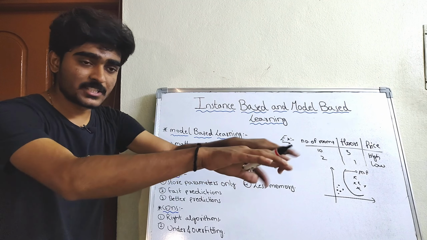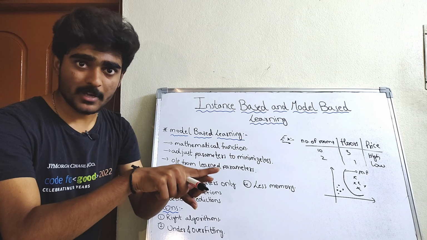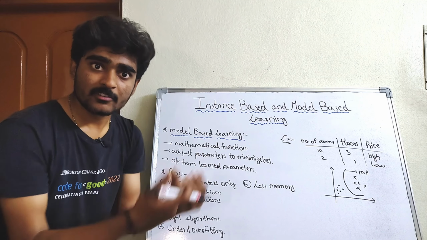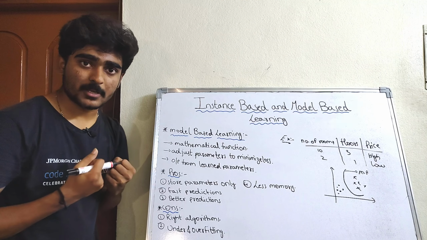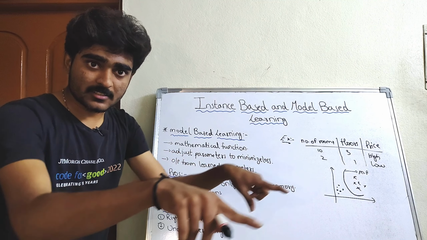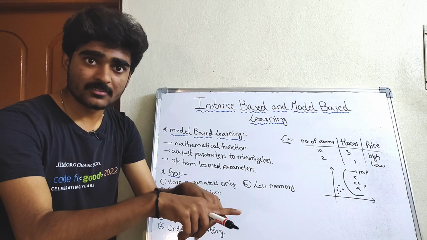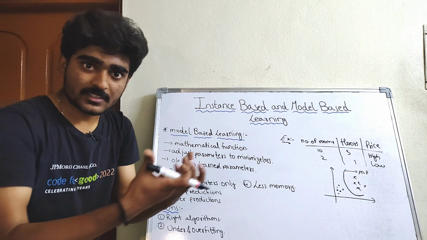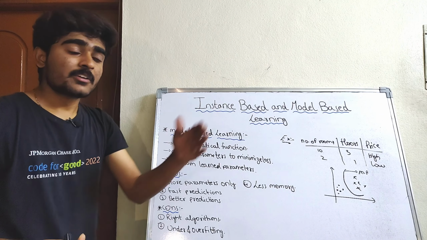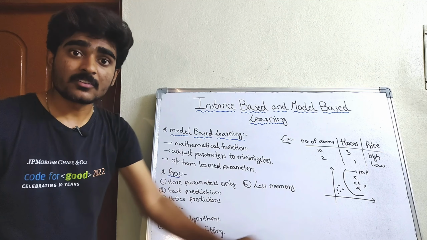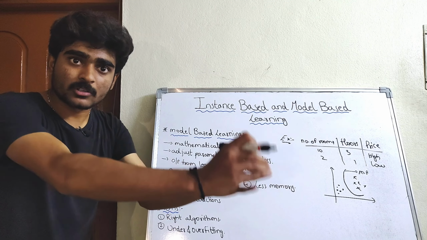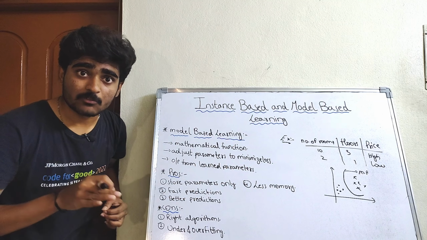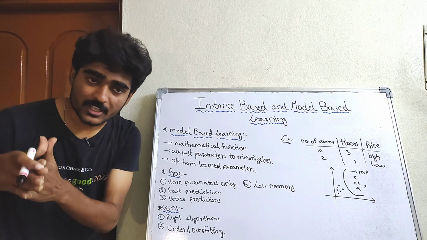As the training goes on, based on the loss, these parameters get adjusted, and at the end of the training we have some fixed weights and bias parameters. So the entire training process involves the adjustment of the weights and bias parameters.